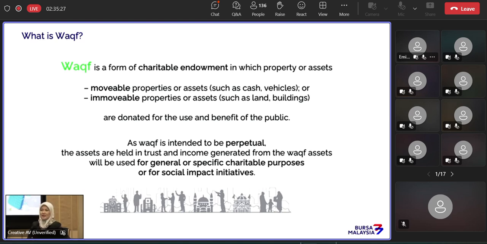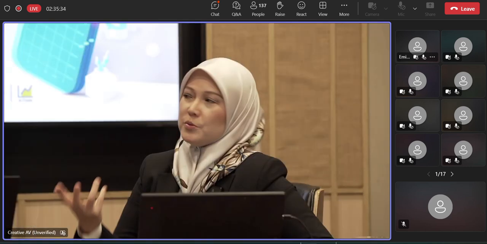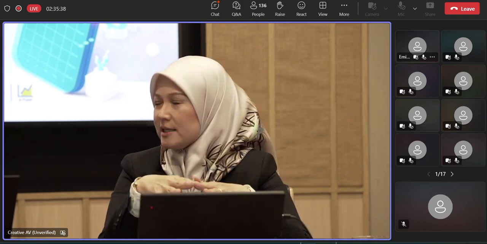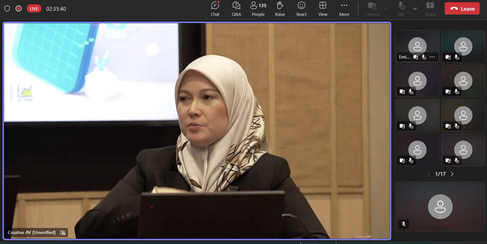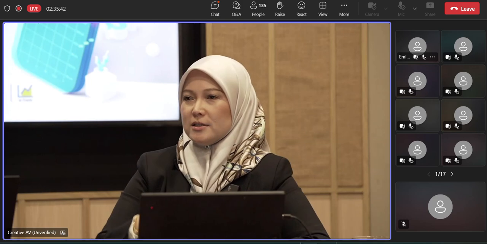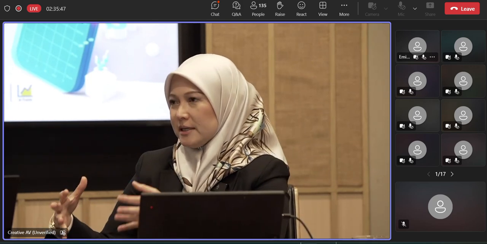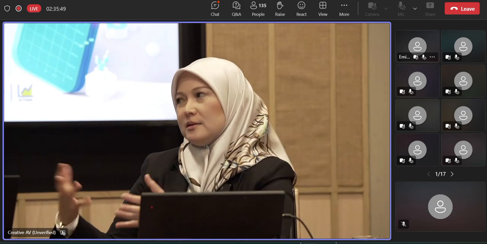Because Wakaf can be by Muslims or non-Muslims, unlike Zakat, which I will explain later. So you give cash as Wakaf, for example. Your 1,000 ringgit is not immediately distributed to the needy, or used for the purpose of the beneficiaries, like to build a building.